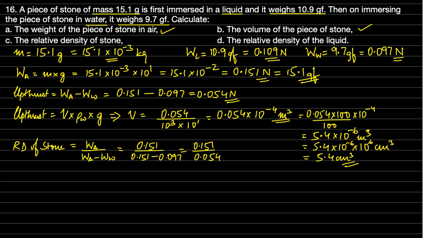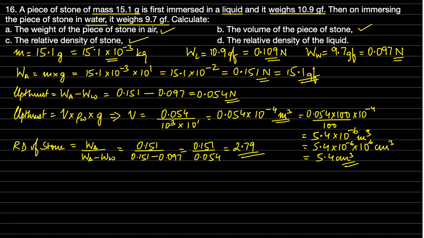So here we get this as 2.79. So the relative density of stone is 2.79, which is approximated in the textbook as 2.8. So that gives us the C part answer. So we have got the C part.